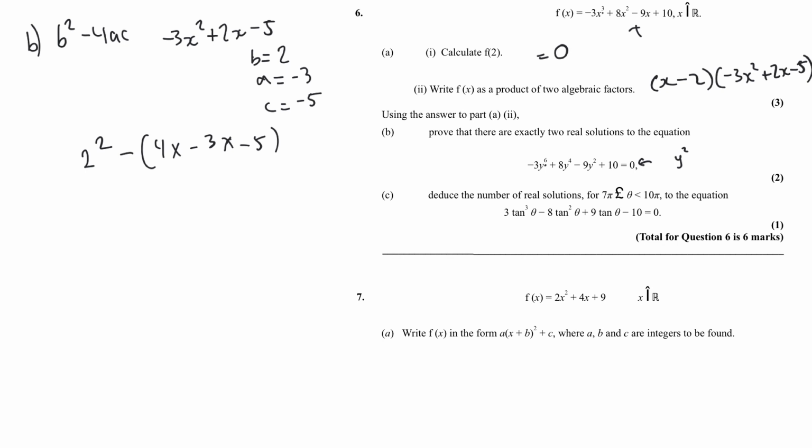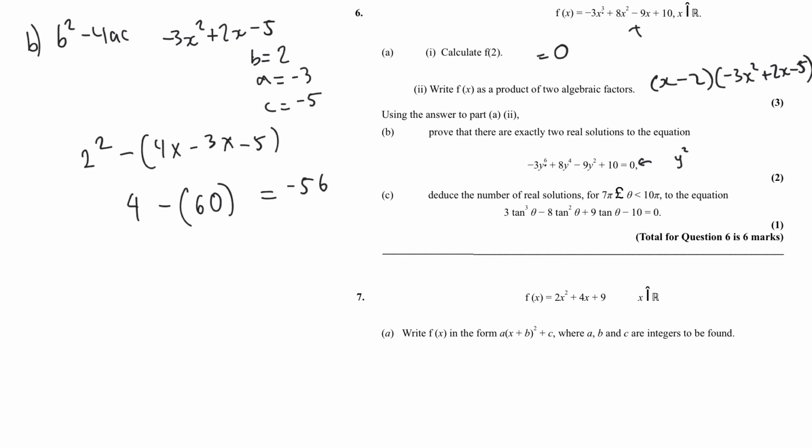Okay, so then working that out, that would leave us with 4 minus, so then 4 times minus 5 is minus 20 times minus 3, which is positive 60. So then 4 minus 60 is equal to minus 56.